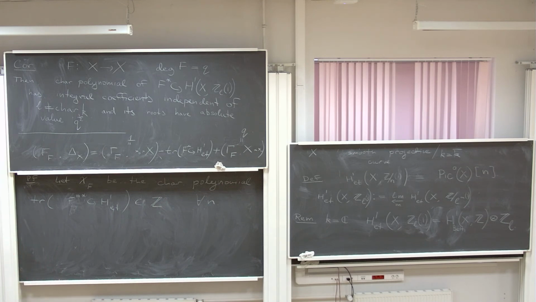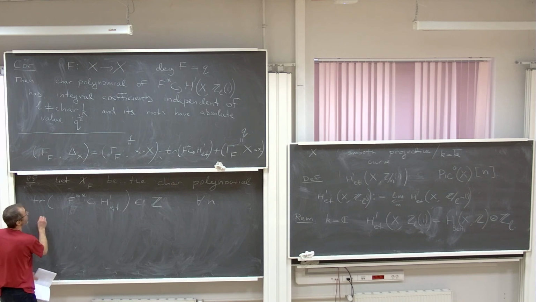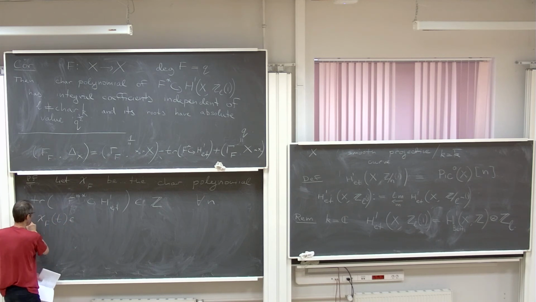Okay? So suppose you have a matrix such that the traces of its powers are integers. Well, at least you can conclude the coefficients of the characteristic polynomial are rational numbers. So this polynomial has rational coefficients, right?